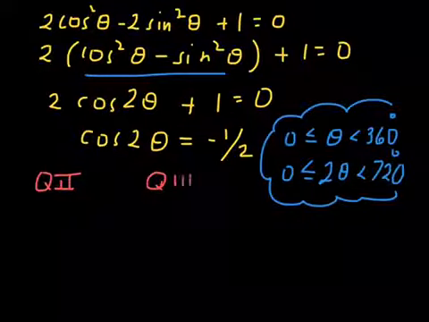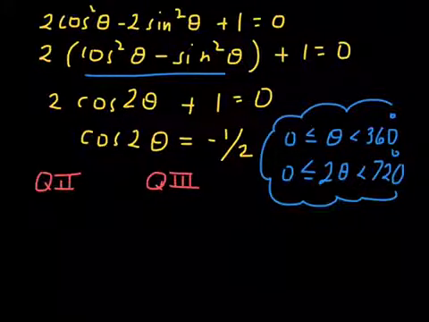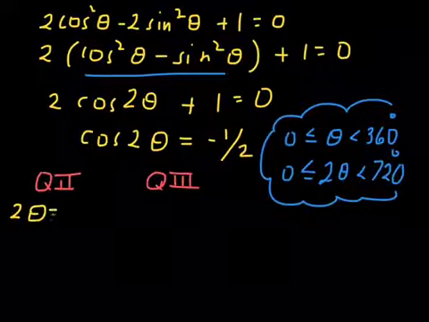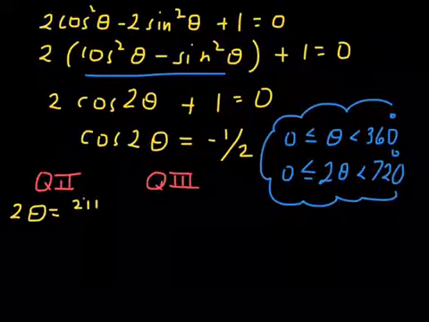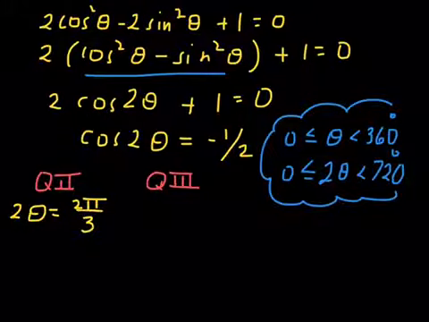That's when cosine is going to be negative. Now, you and I know our unit circle very well. We know that cosine of 2 theta will be equal to negative 1/2 if 2 theta is equal to 2 pi over 3, right? Cosine of 2 pi over 3 is negative 1/2.